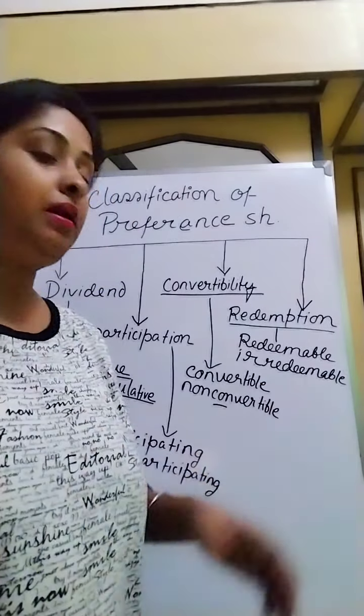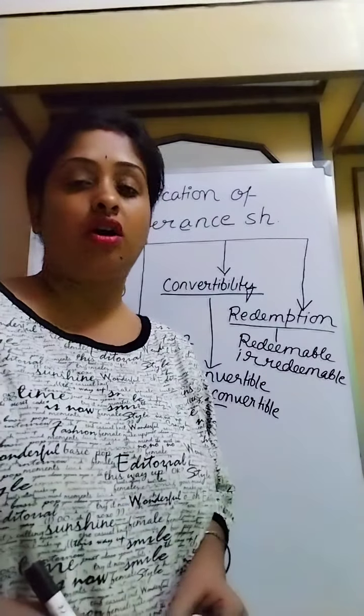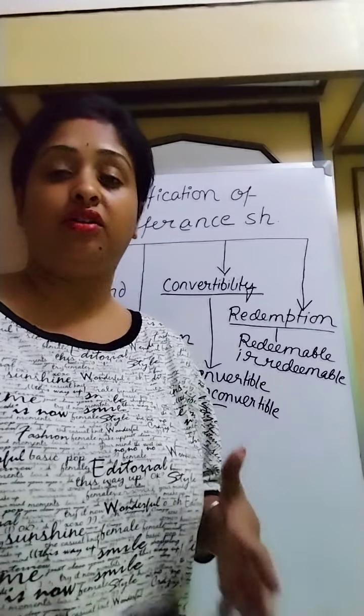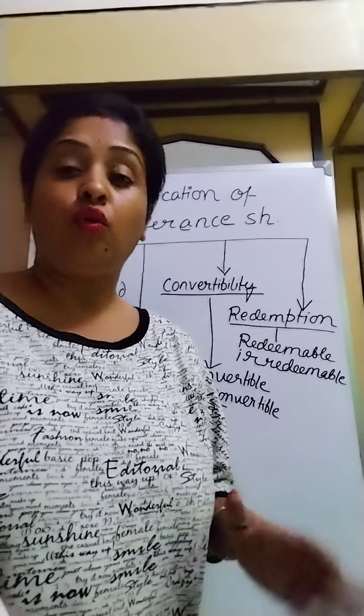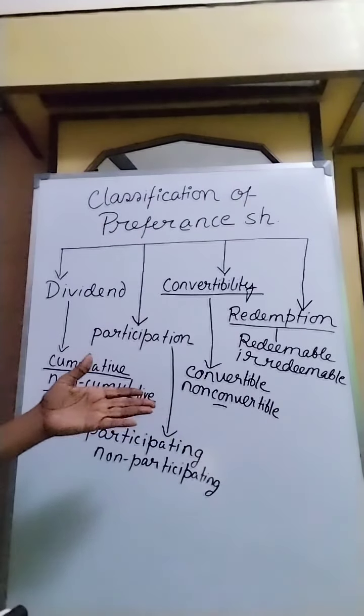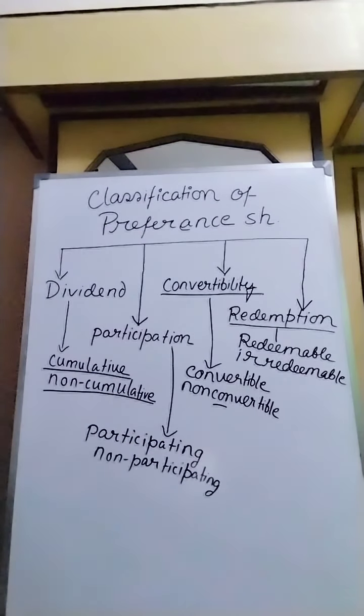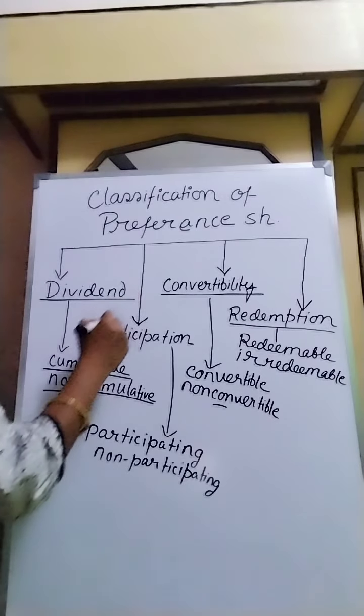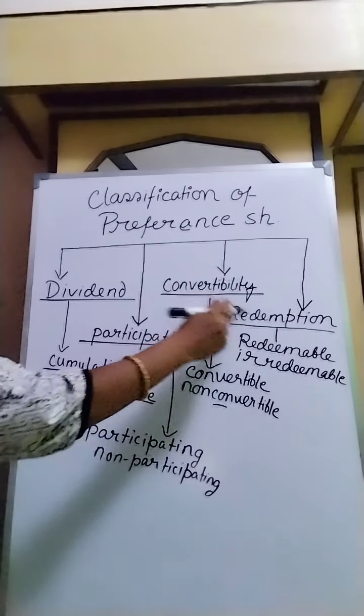But for irredeemable preference shares, the money cannot be refunded, only if the company is wound up. So these are the broad classifications according to the basis of dividend, participation, convertibility and redemption.